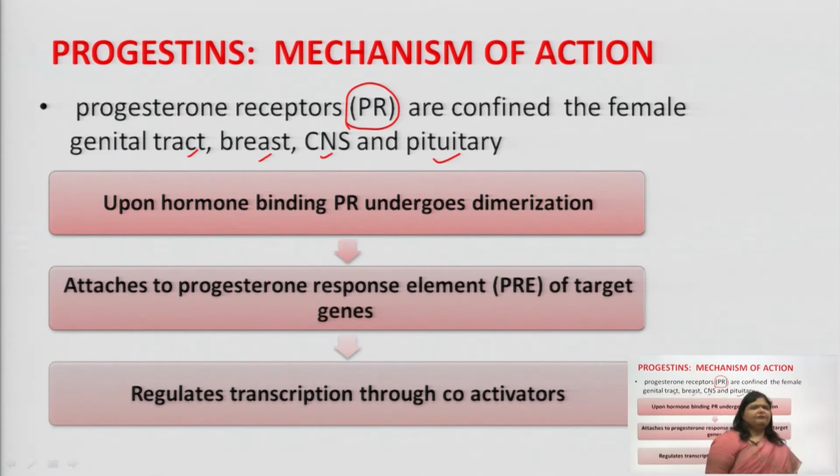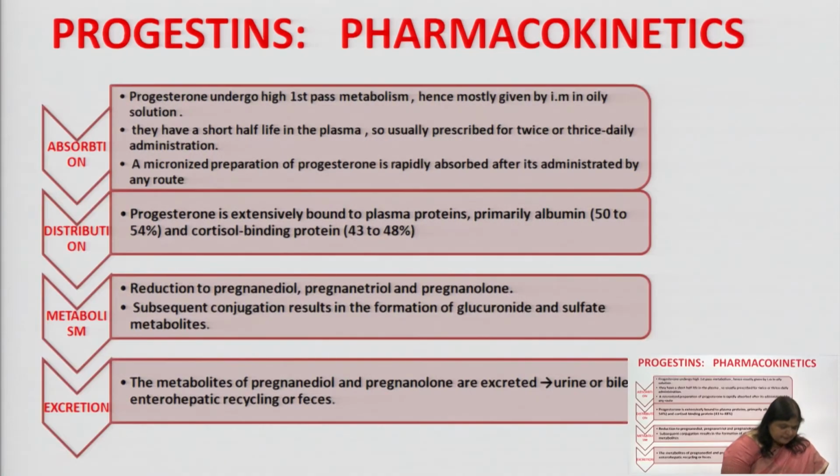So, same class of receptors, same mechanism: upon binding with their receptors, these receptors undergo dimerization, attach to the progesterone response elements of the target genes, and regulate the transcription through various co-activators.